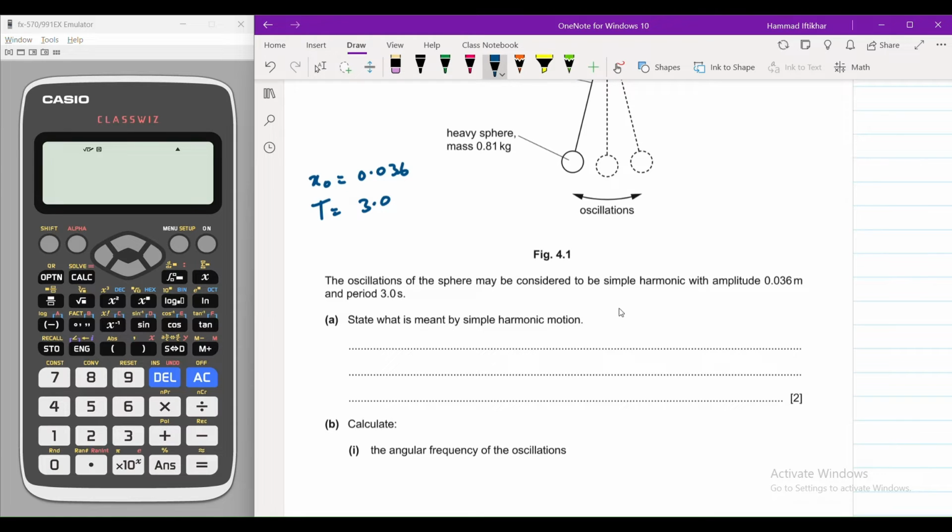Simple harmonic motion is a motion in which acceleration is directly proportional to its displacement from a mean or fixed position and is always directed towards that point.